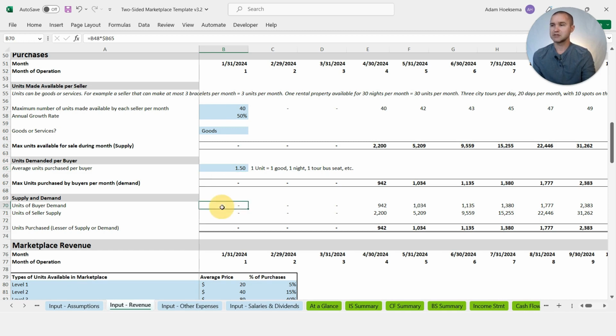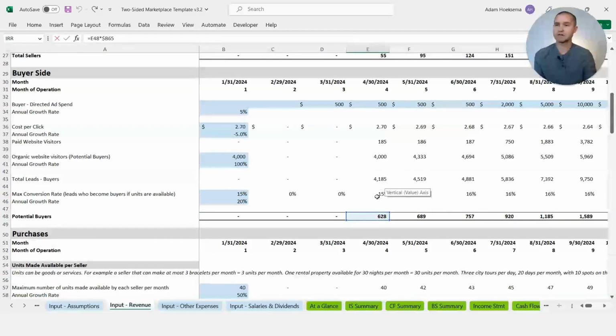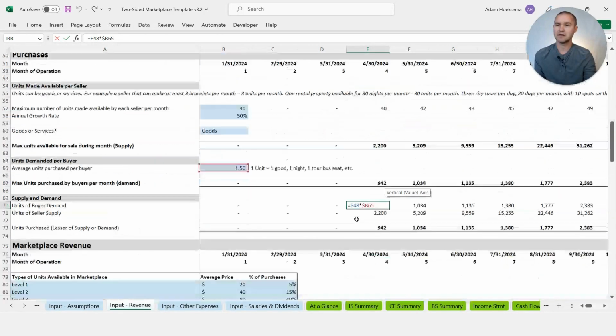And so what that is going to do down here is it's going to check that supply and demand. So what we're saying here is we've got units of buyer demand. So how much buyer demand do we have? Well, we have the 1.5 units. So if we look at this, it's 1.5 units times the number of buyers here, okay? So that's how much potential demand we have.